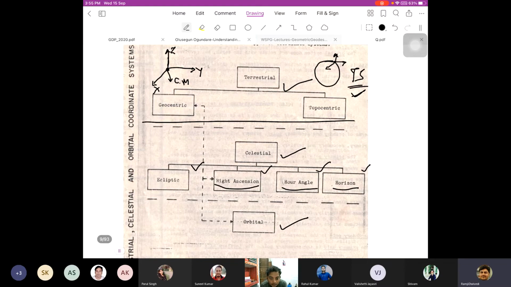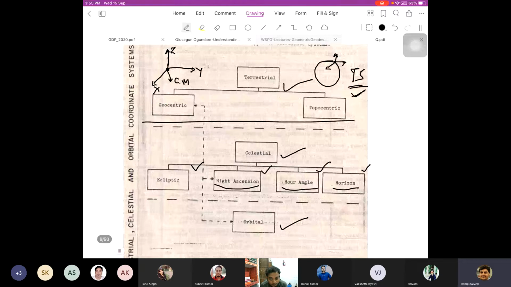These are the four ways you can define a coordinate system in the celestial sphere. We will discuss the celestial sphere in more detail next semester, rather than going into detail right now. You just need to understand at this point that you have to work with the terrestrial system primarily, then celestial, and then orbital also.